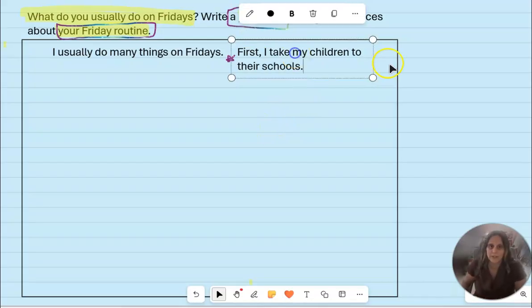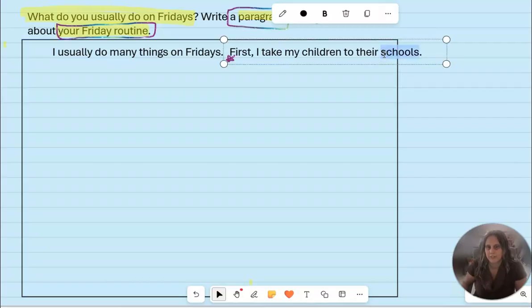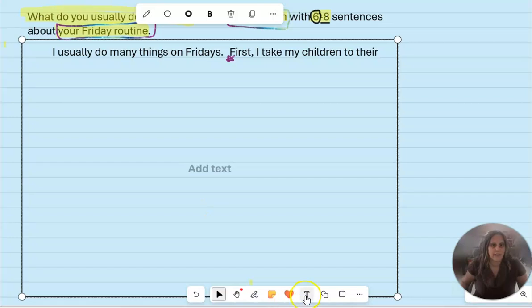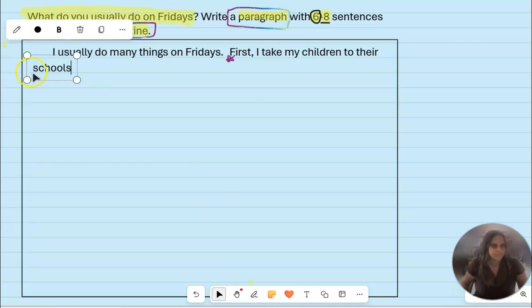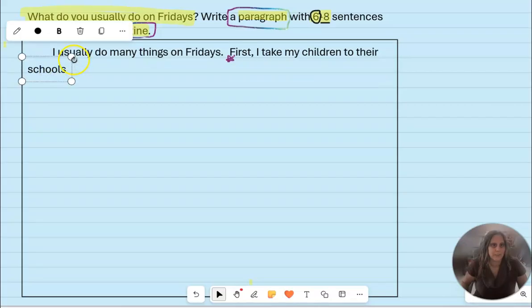I have 2 daughters and they have 2 schools. Now, uh-oh, what happened? This last word doesn't fit. So when I have no more room, I continue on the next line right here, at the edge of the page. That's good.